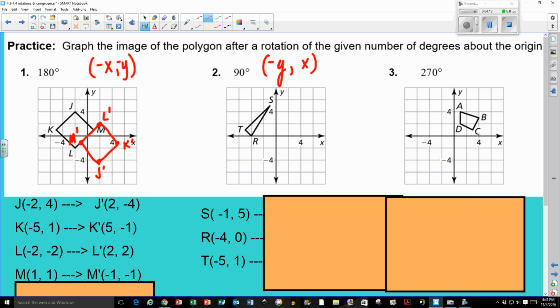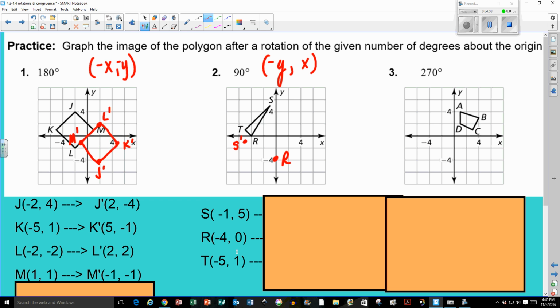So here, this one would become -5, -1. So I'd go 2, 4, 5, -1. That would be S prime. This would become 0, -4. That would be R.